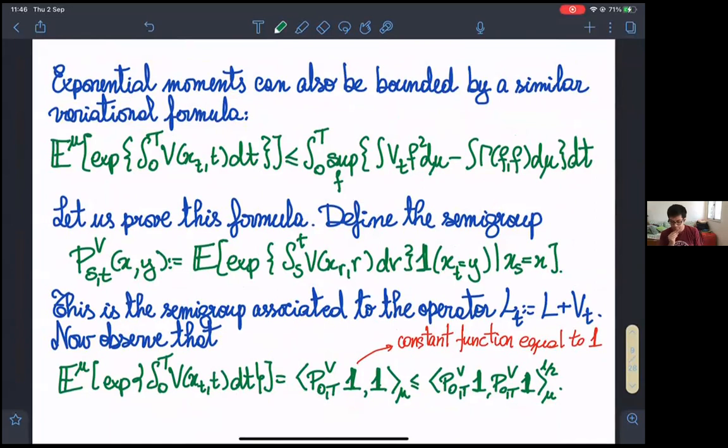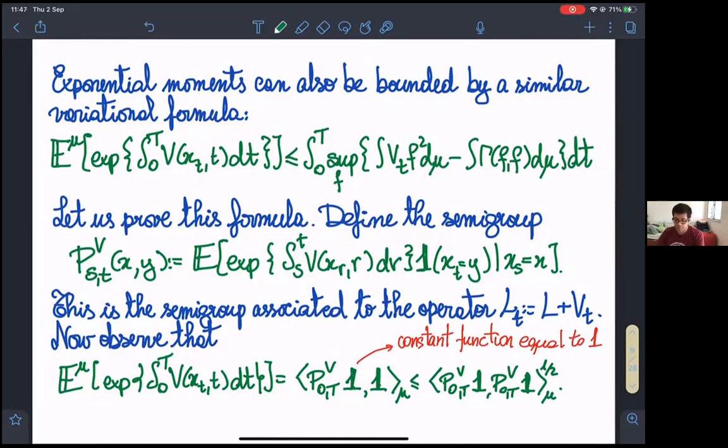Another formula that appears, another variational bound, can be used to obtain exponential moments of these Birkhoff average integrals of Markov chains, and it's based on the Feynman-Kac formula. The idea is that when you look at the expectation of exponentials of these Birkhoff sums, if you define properly, what you get is the Feynman-Kac semigroup.